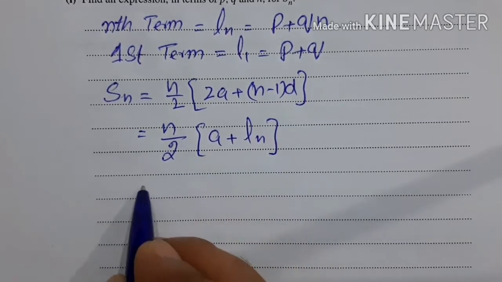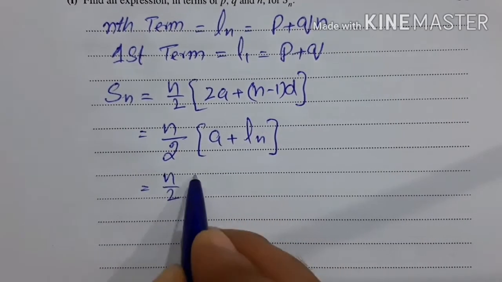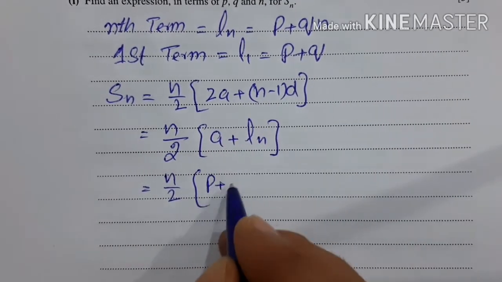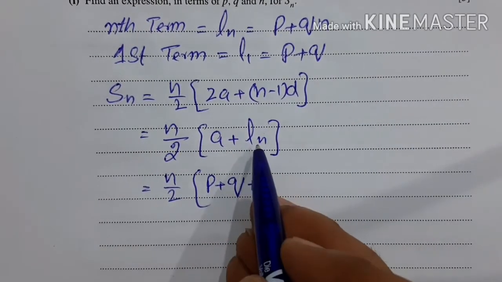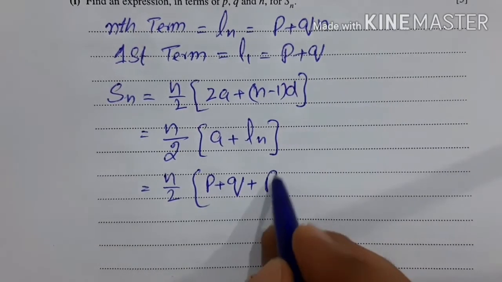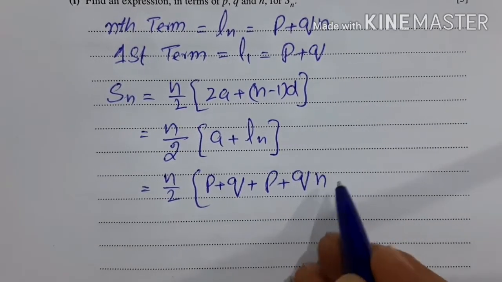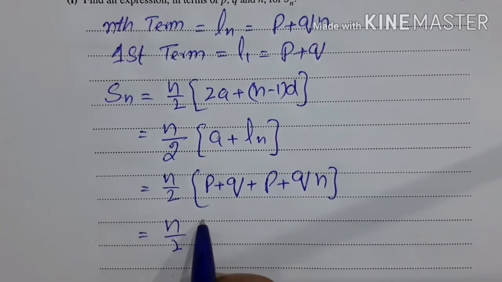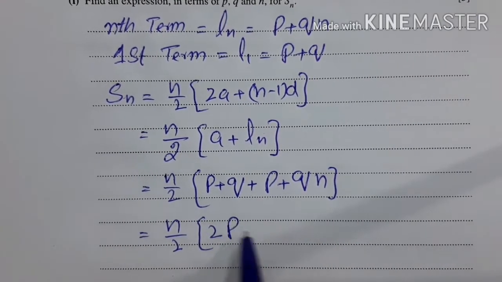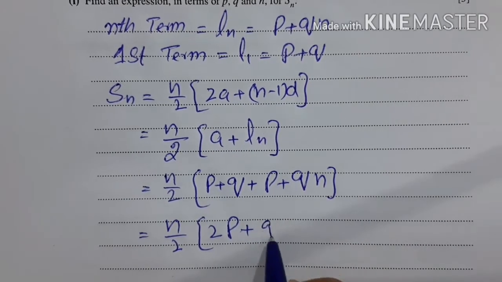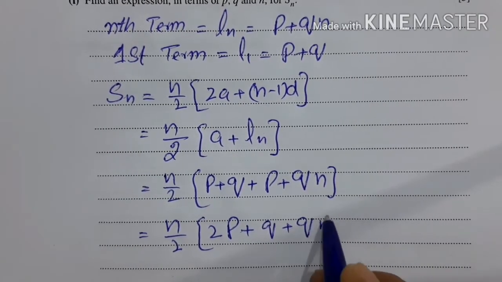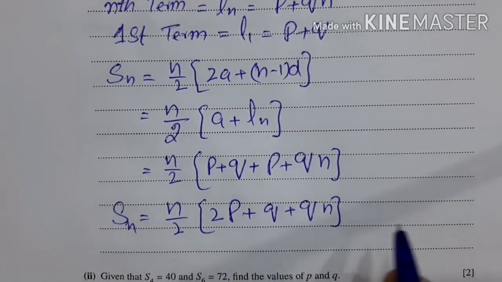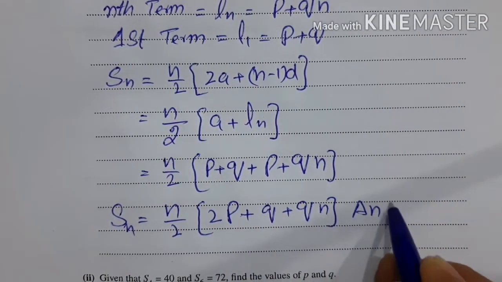So put the values. n over 2, a is the first term, p plus q, and the last term is p plus qn. So this will become n over 2 into 2p plus q plus qn. This is the expression of Sn in terms of p, q and n. This is our answer.